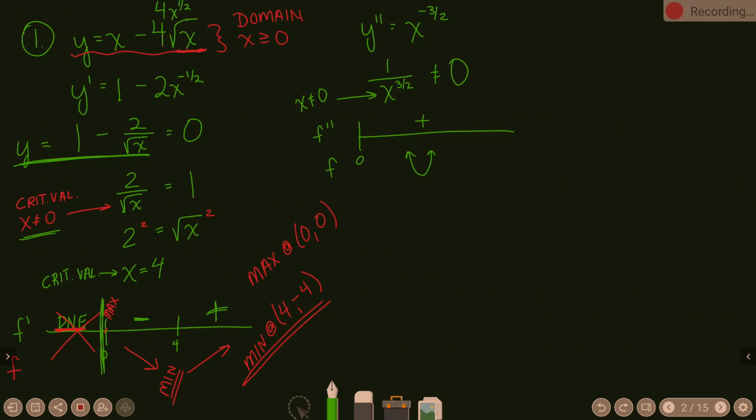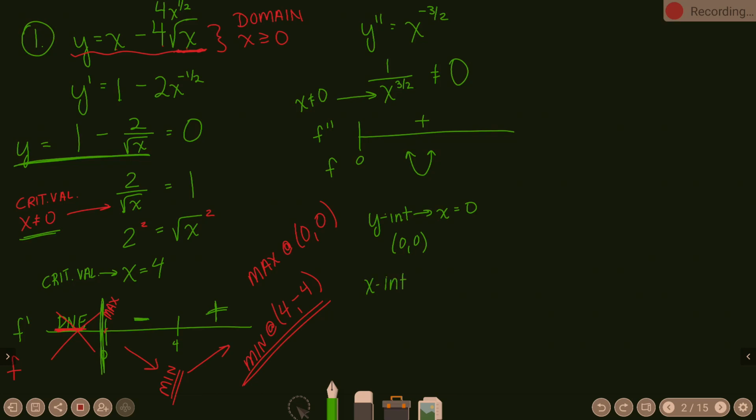Reminder: y-intercepts occur when x is 0, right? So if you go back and put 0 into the original problem, 0 minus 0, didn't we already talk about that point 0, 0?